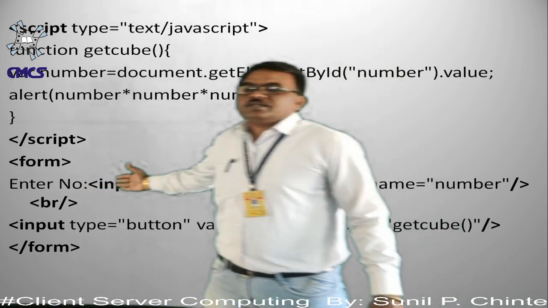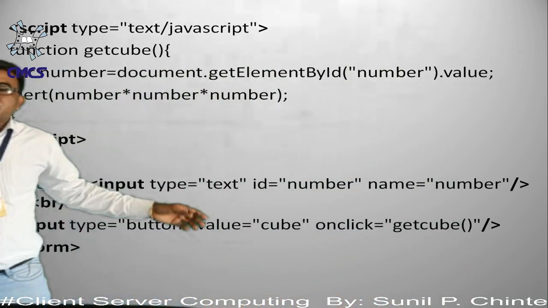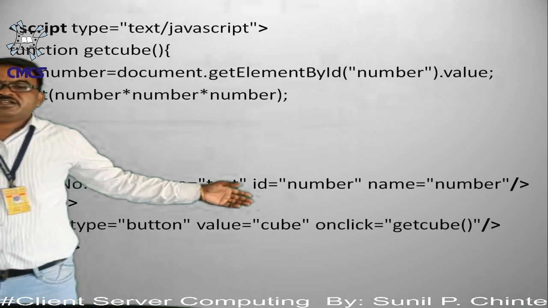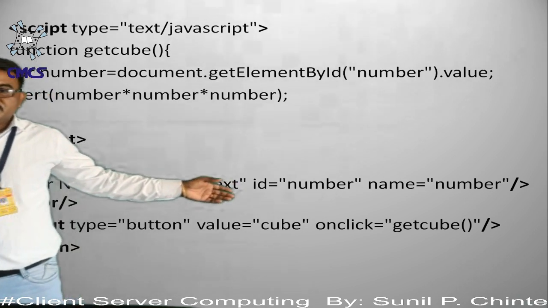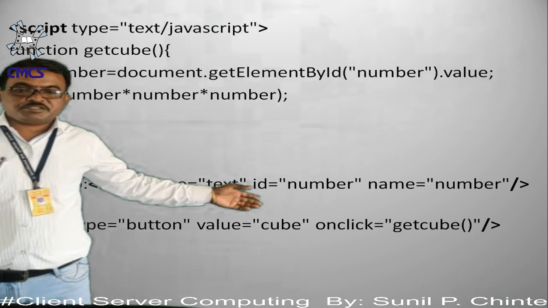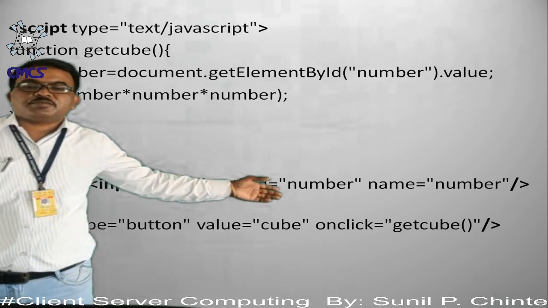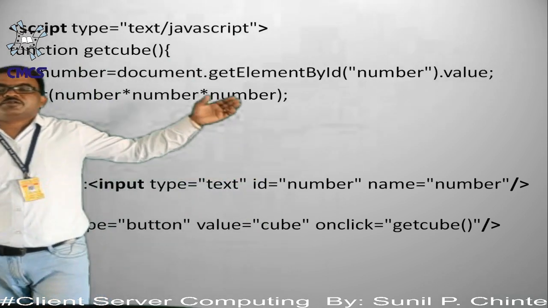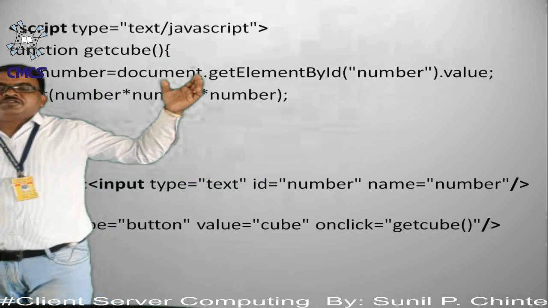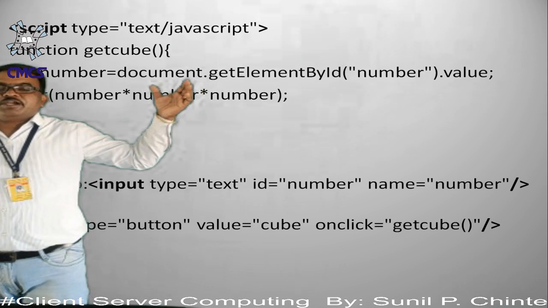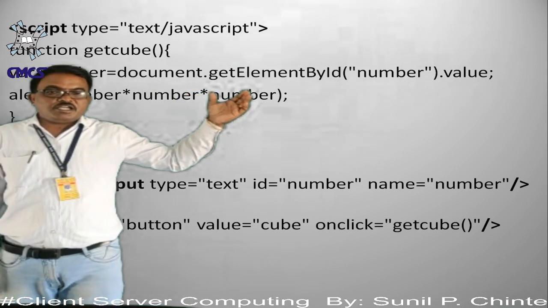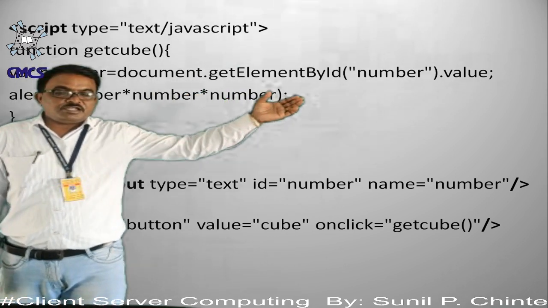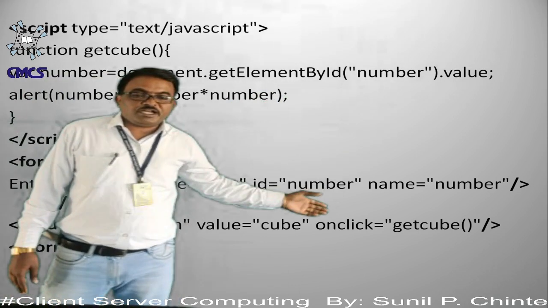Here the text input field is given the id as number. Whenever the getCube function is called, the value is retrieved by using document.getElementById and the id of that field.